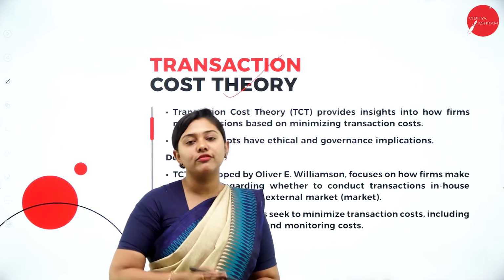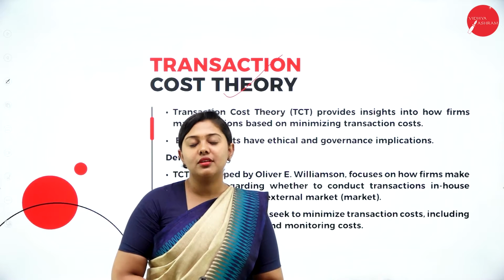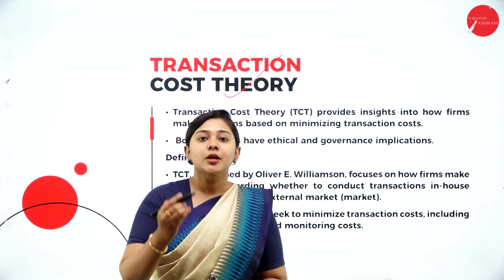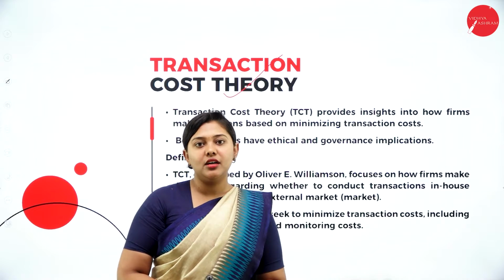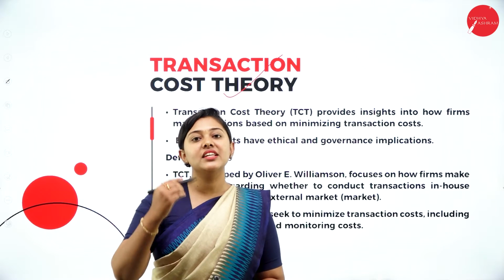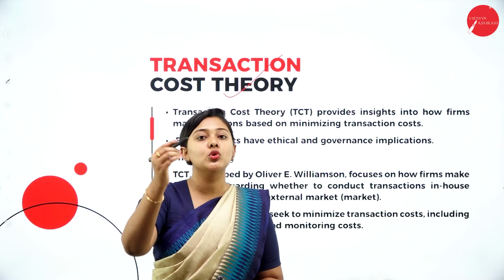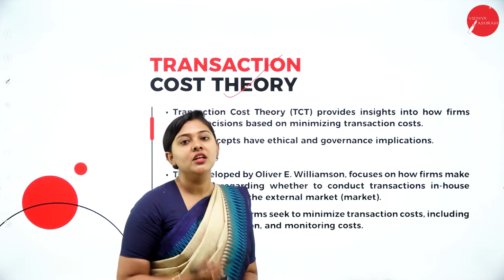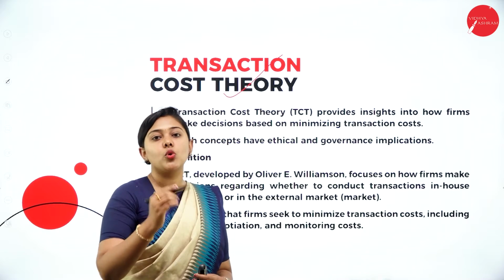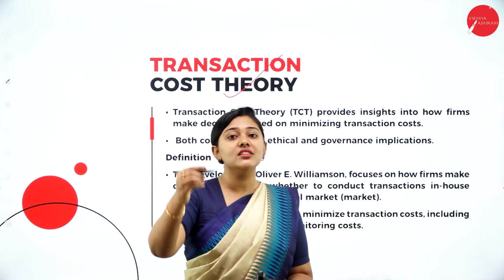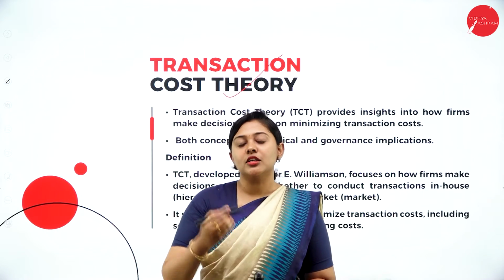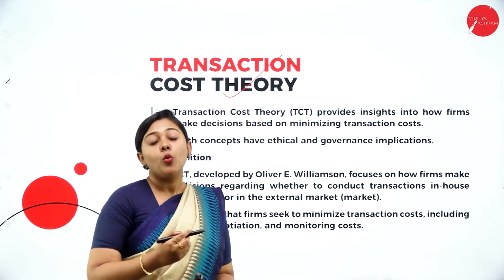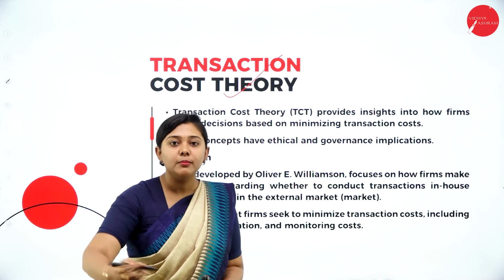It is based on a principle that a cost will be incurred when a person gets some other person to do his job. For example, a person owns a company, so he gets a director to run his own company. So here transaction cost will occur. So you outsource the work from different places.